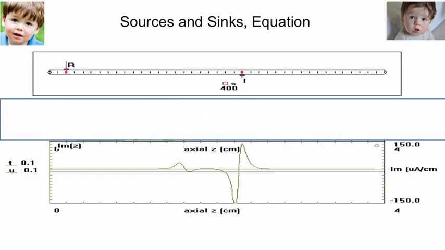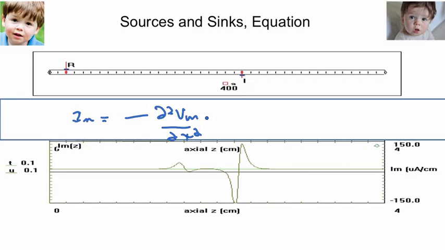Of course, now, if we put this in terms of an equation, we can write an equation from our previous knowledge. We can write an equation that says Im is equal to some constants times d squared Vm dx squared. Do you remember what those constants are?